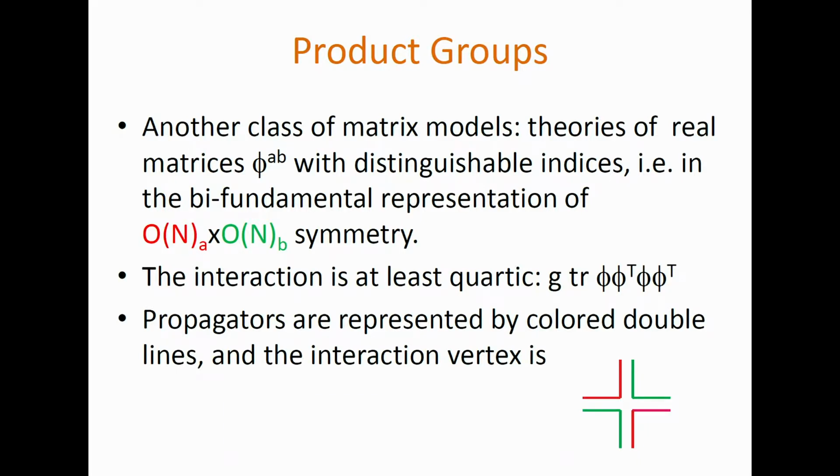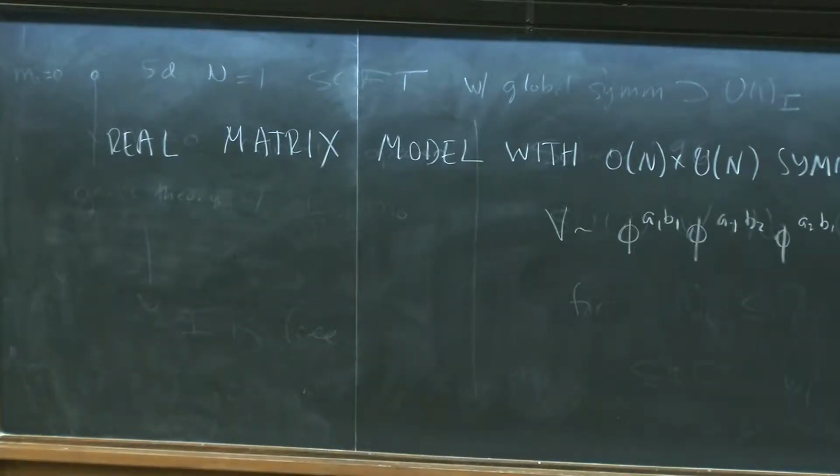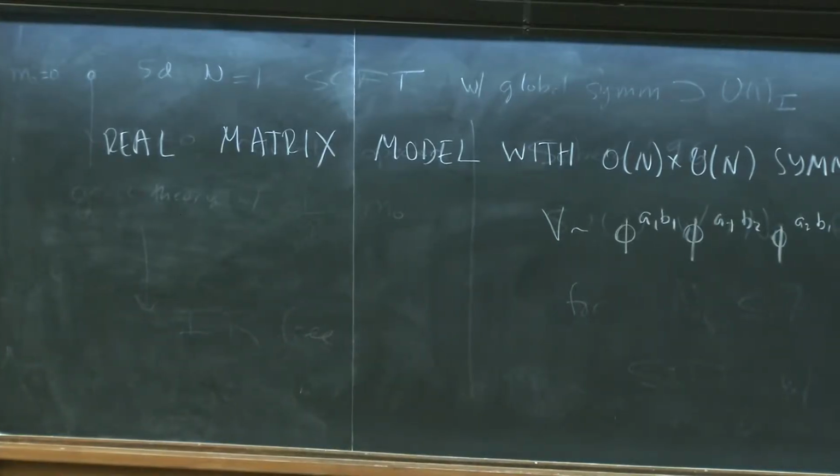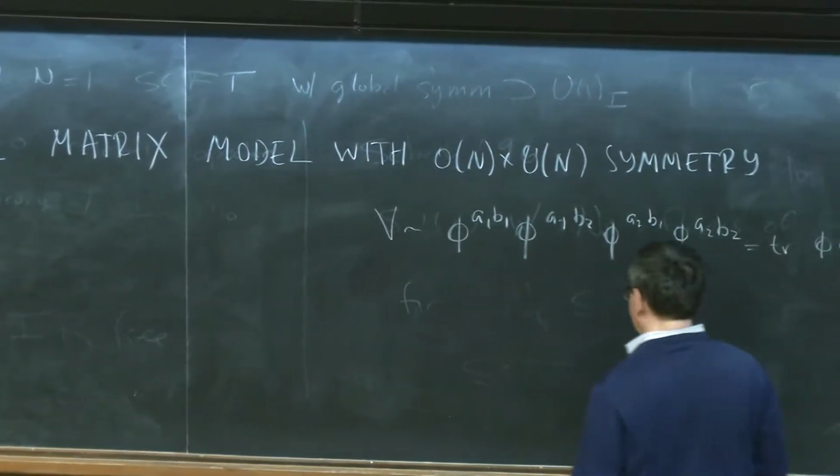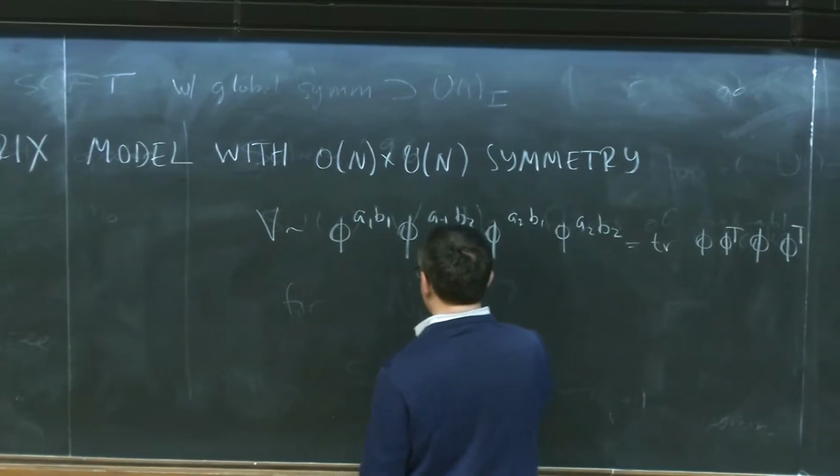So a simple case where this arises is this real matrix model with O(N) cross O(N) symmetry. And I wrote the interaction in this form with indices, but you can also rewrite it in the matrix form, like trace phi transpose phi, phi transpose phi.